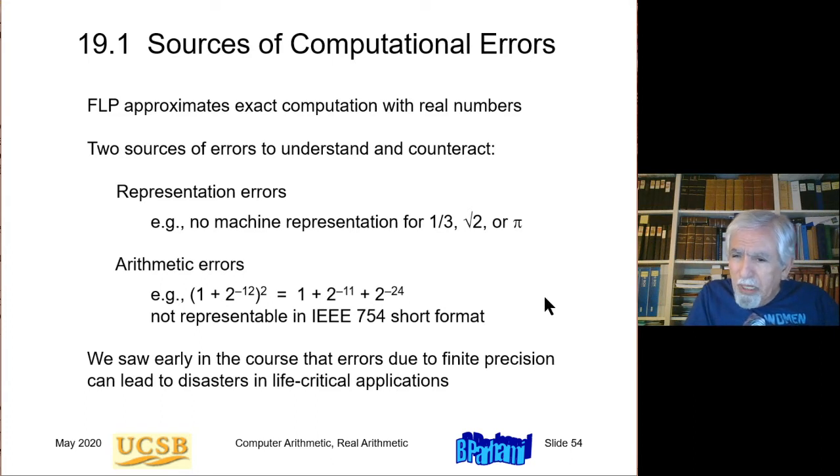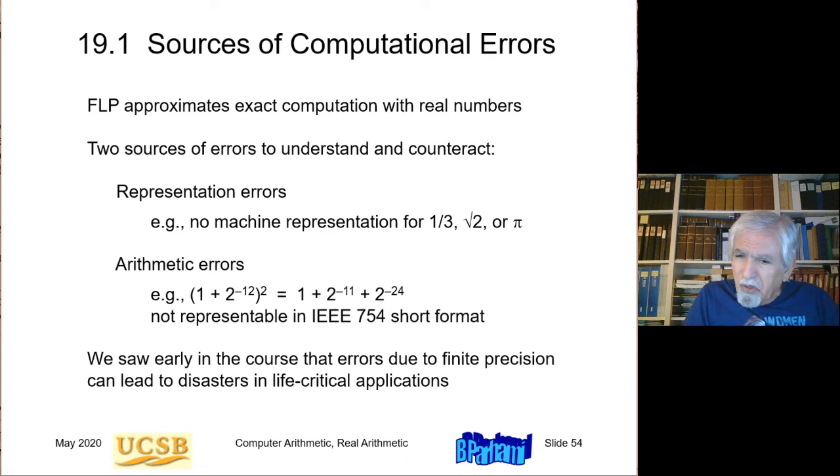In chapter 1, which I did not cover as part of my lectures, there are a couple of examples of errors in arithmetic due to finite precision leading to disasters. These are documented disasters that have happened because of arithmetic errors. If you go back and study the one that deals with floating point arithmetic, it's quite interesting.